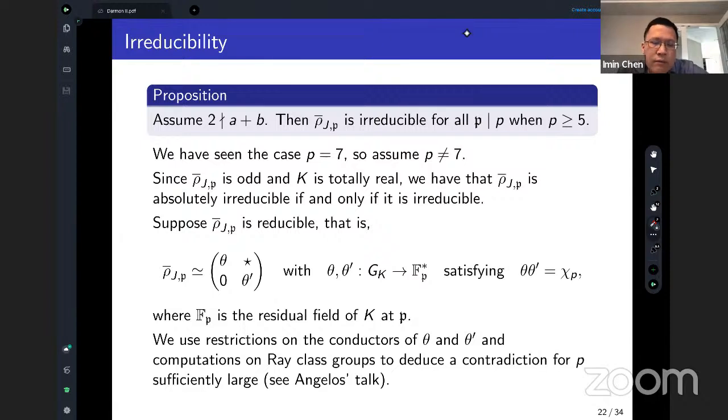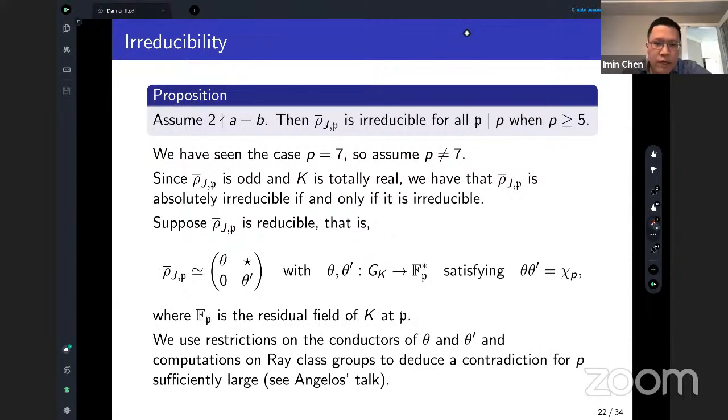And using, again, some local class field theory, and also global class field theory, we can show that without loss of generality, for P sufficiently large, one of these diagonal characters is unramified at every prime above P. And then we conclude by computation on ray class groups of the relevant conductors of that unramified character at P. And then we get a contradiction.